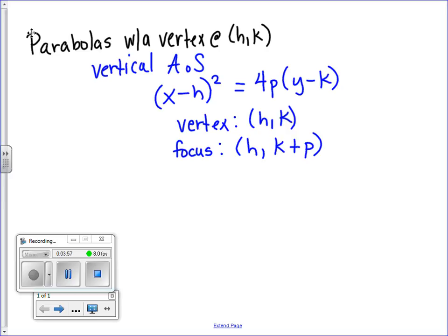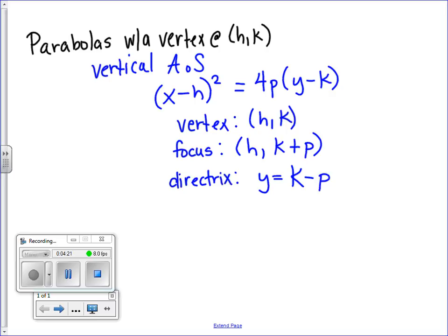It doesn't change it. Yesterday, when x was squared, what was the directrix? y equals what? Negative p. So you had to basically subtract p from 0. Here, it's at y equals k minus p.